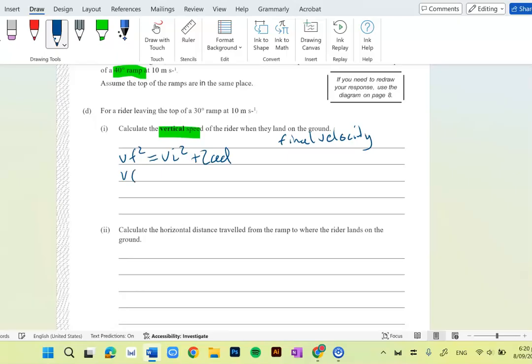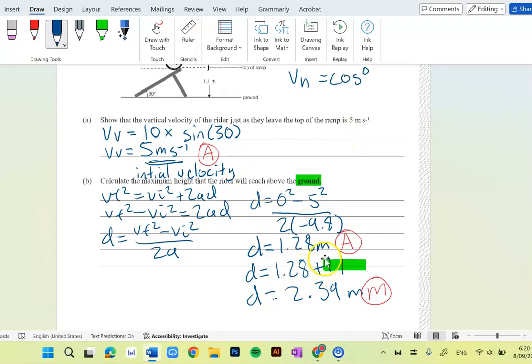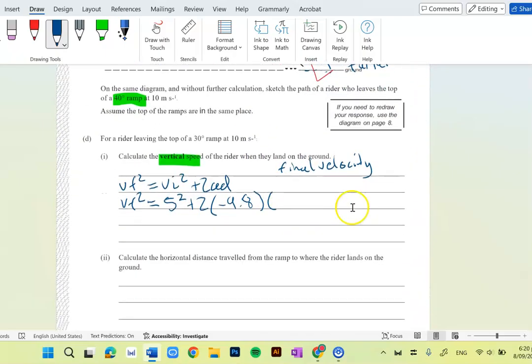So Vf squared equals Vi squared, which is 5 squared, plus 2 times negative 9.8, and the distance is the ramp height, so what is it, 1.1? Yeah, it's the 1.1 because that's above the ground.